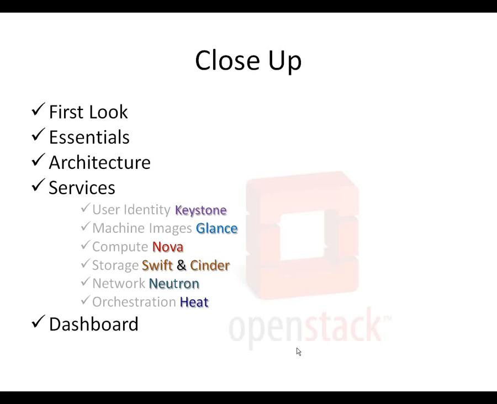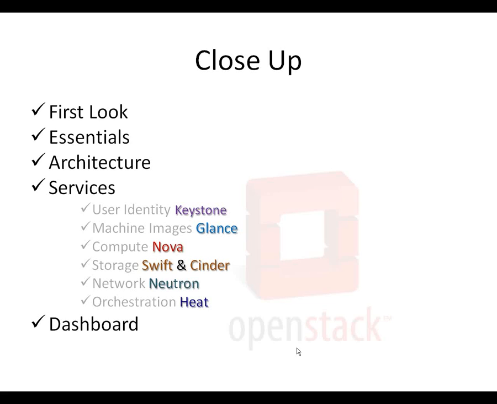Basically, Amazon Web Services uses the same thing. They have Keystone, but they rename it to the user identity service. Glance is actually called EBS, elastic block storage, and Swift is actually S3, Simple Storage Service.